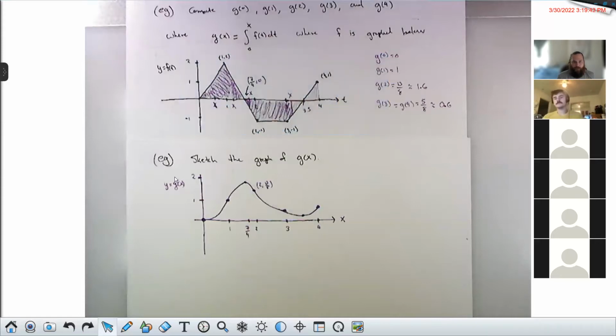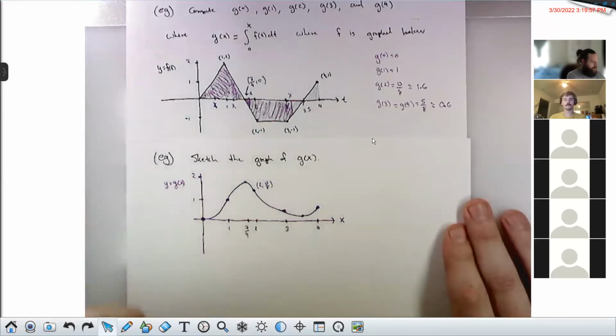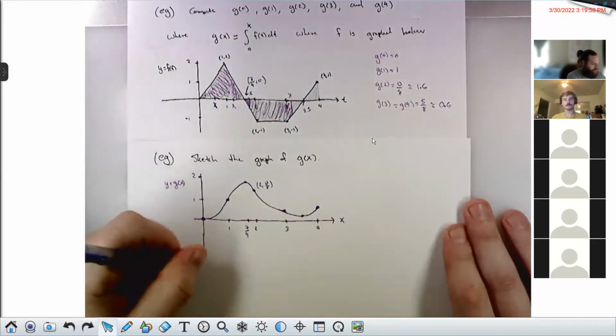This is the derivative of this, which means this is an antiderivative for this. Observe.